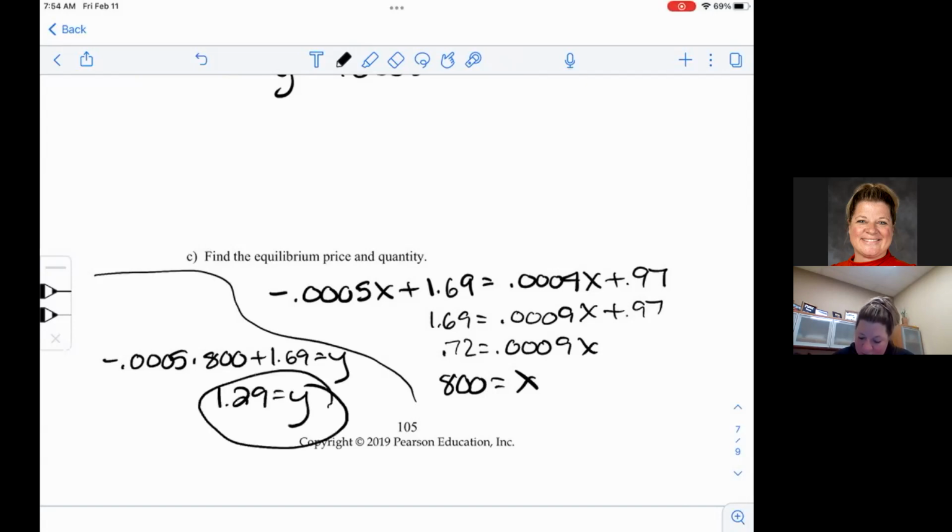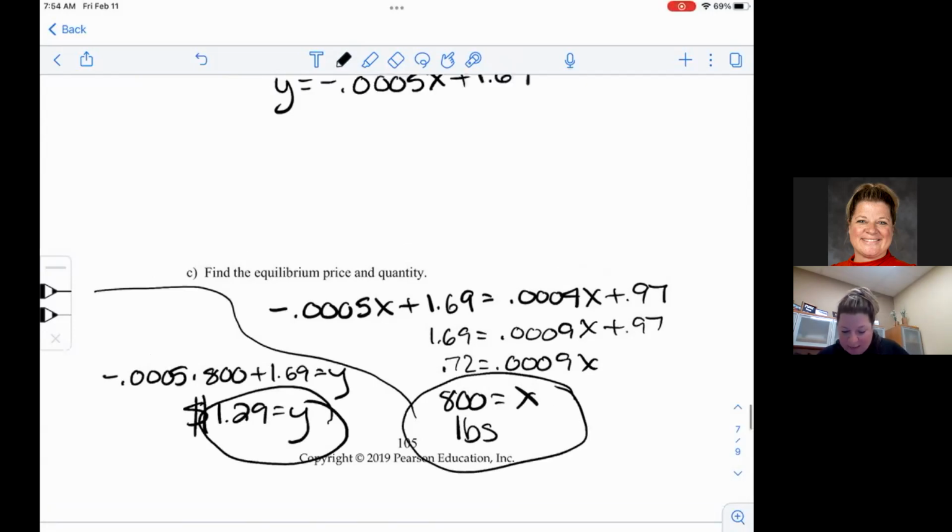So $1.29, that's money, and this is pounds. I should just do LBs, right? LBs, pounds. Okay, so 800, these are our two answers for equilibrium.